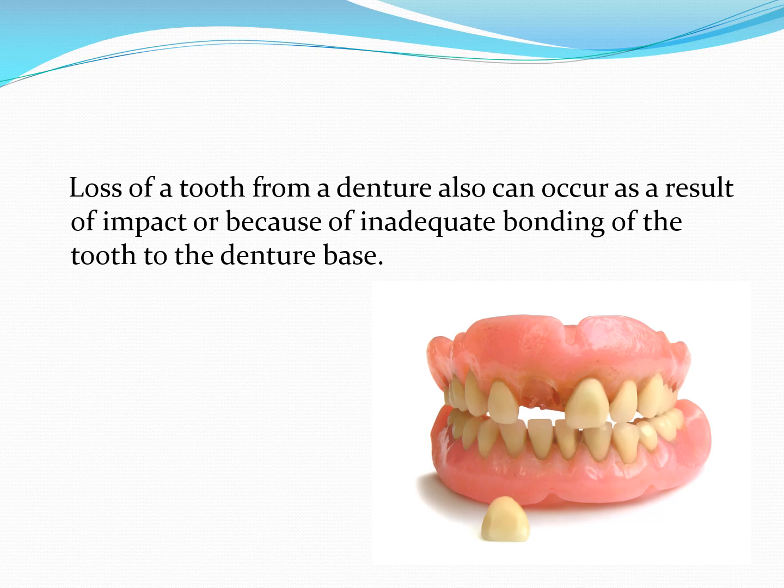Loss of a tooth from a denture can also occur as a result of impact or because of inadequate bonding of the tooth to the denture base. When you do the de-waxing and wax is not eliminated completely from the tooth surface, there becomes a layer of wax between the tooth and the denture base material, and due to that gap it will fracture very easily and come out from the denture base.